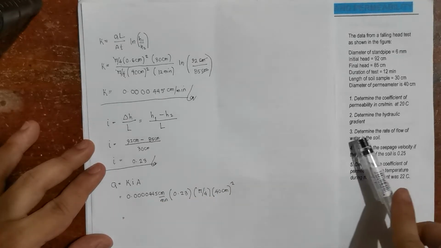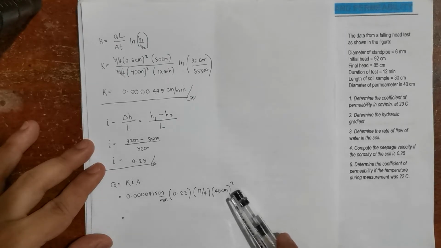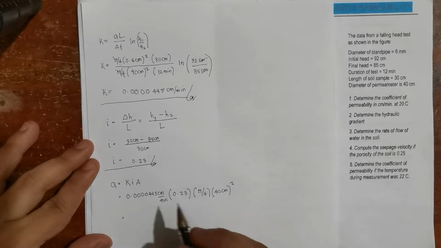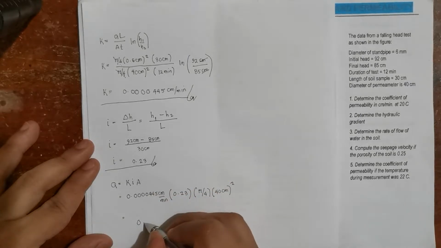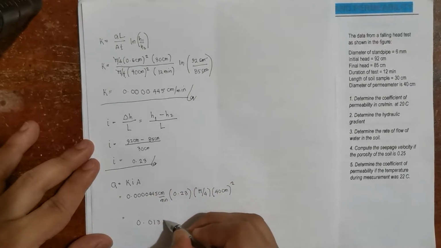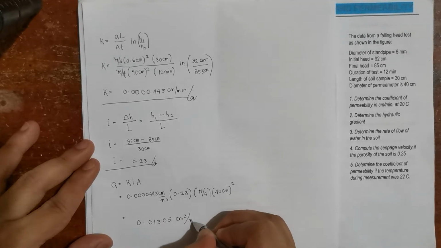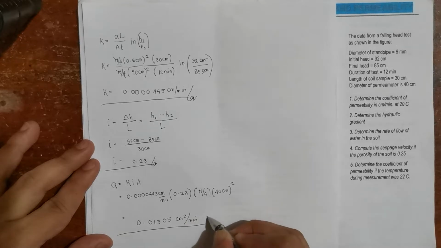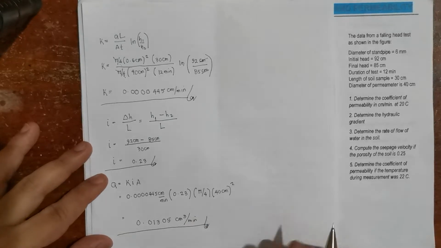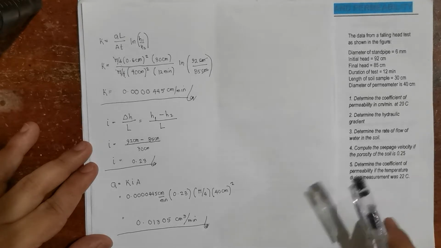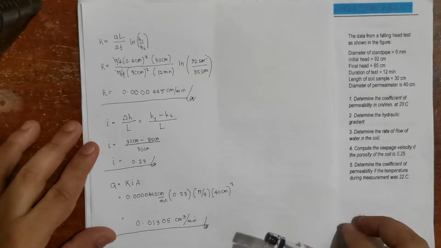So since wala namang units na binigay, we will stick with our unit here, cubic centimeter per minute, and we will get a value of Q, which is 0.01305 cubic centimeter per minute. That is the third requirement.